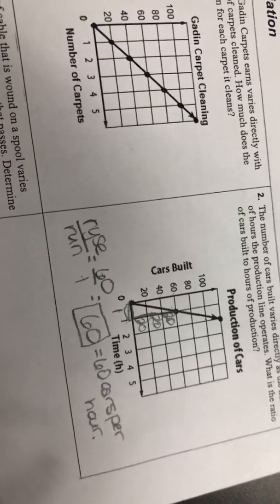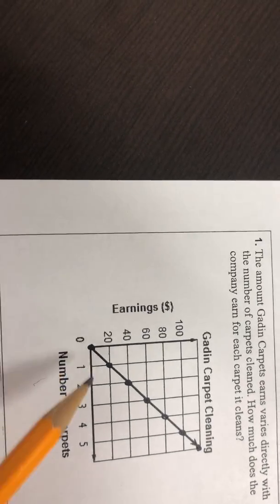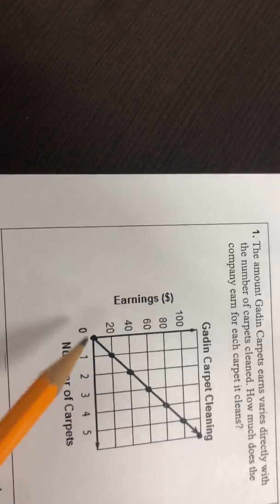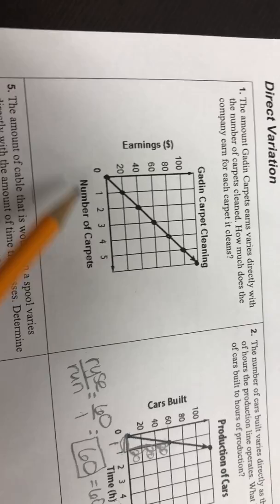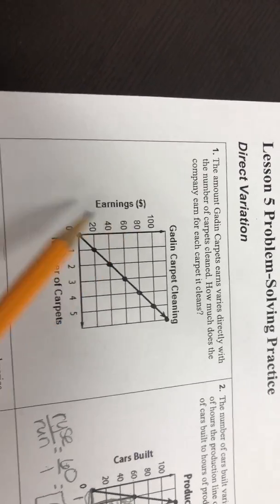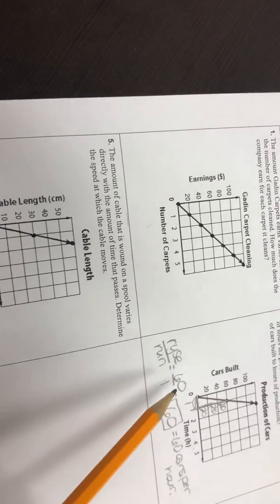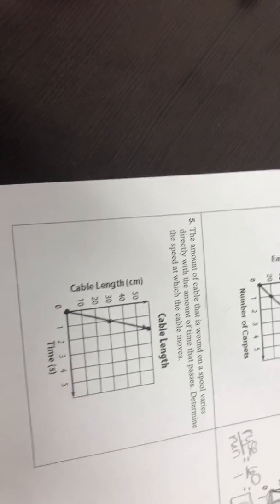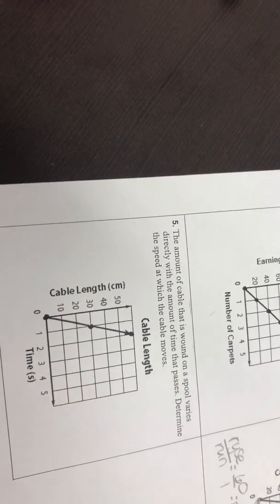Okay, do that same exact process on this one. So make sure you rise over run, get your answer, and then make sure you put something like this. So number of carpets per dollar or whatever. And then right here, do the same thing as what you did on here as well. So cable lengths versus time, okay?